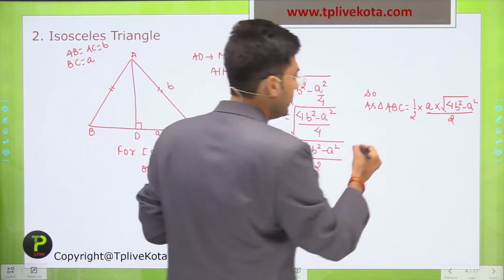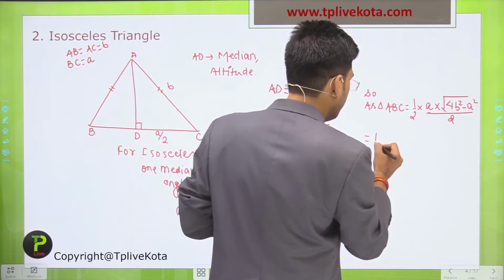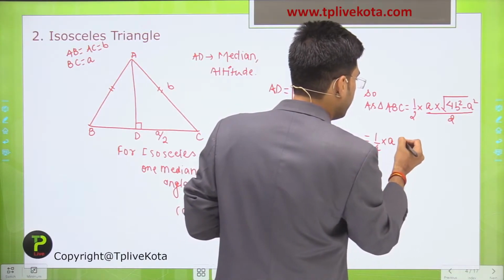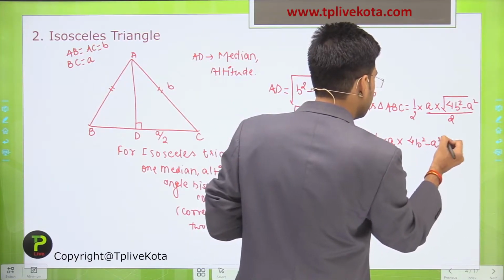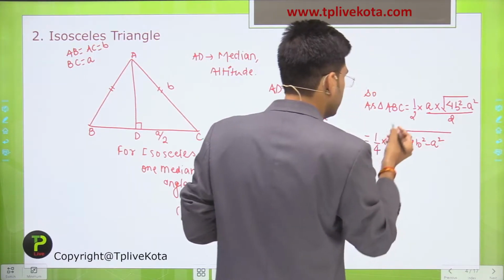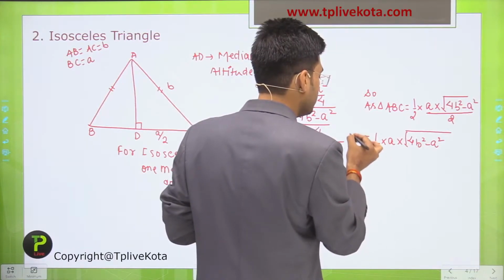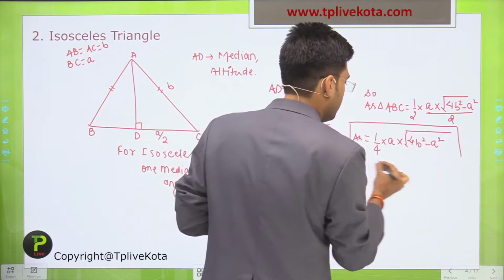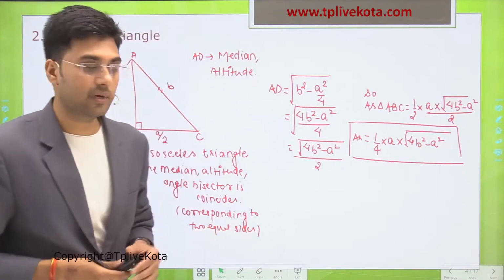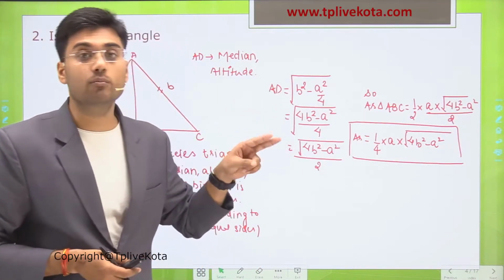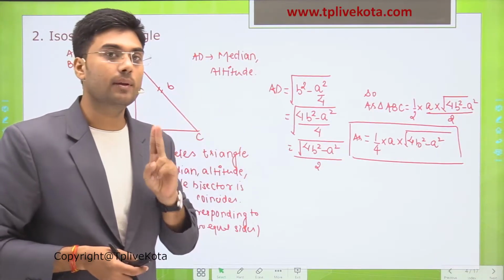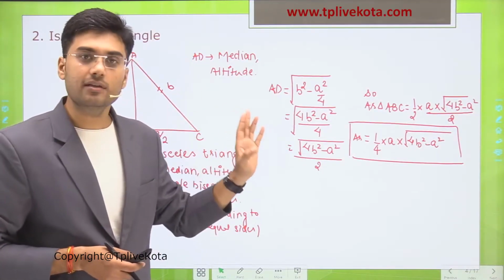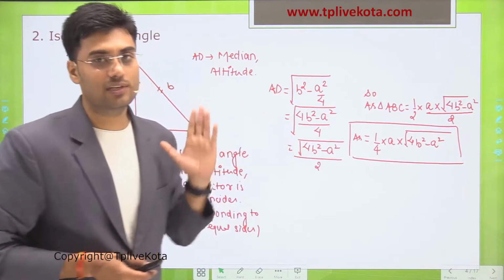Now we can write it as 1 upon 4 multiplied by a multiplied by under root 4b square minus a square. This is the formula for the area of an isosceles triangle: 1 by 4 multiplied by base multiplied by the square root of 4 times the square of the equal sides minus the square of the base.